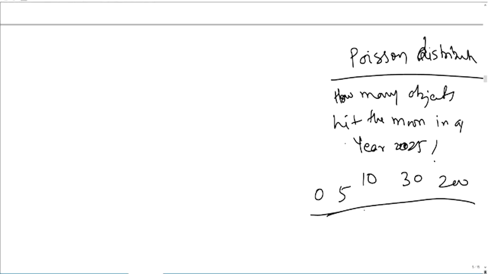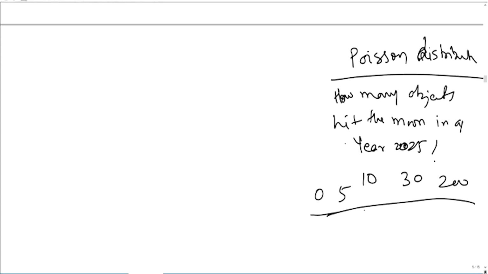But the important thing here is that it's difficult to judge what would be the exact number, especially when we don't know where all these objects are coming from. There are several activities happening in a universe, especially when the universe is chaotic. So it's very difficult, right?